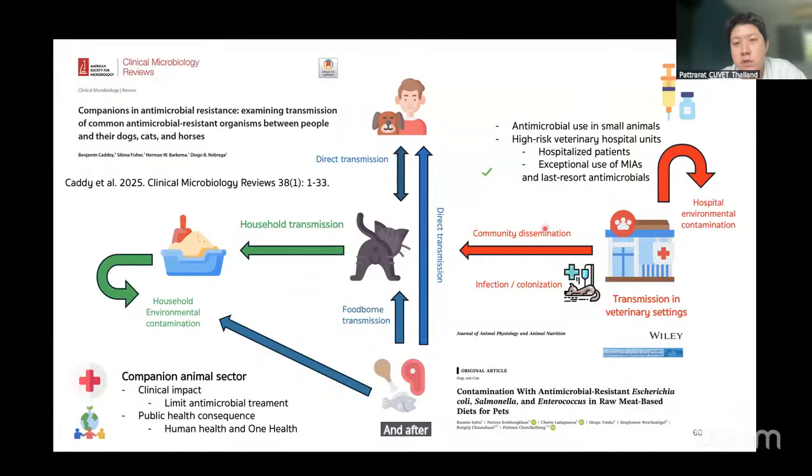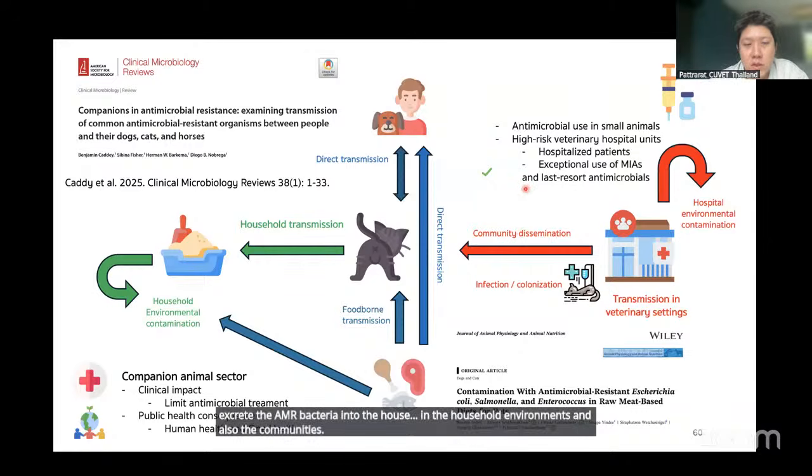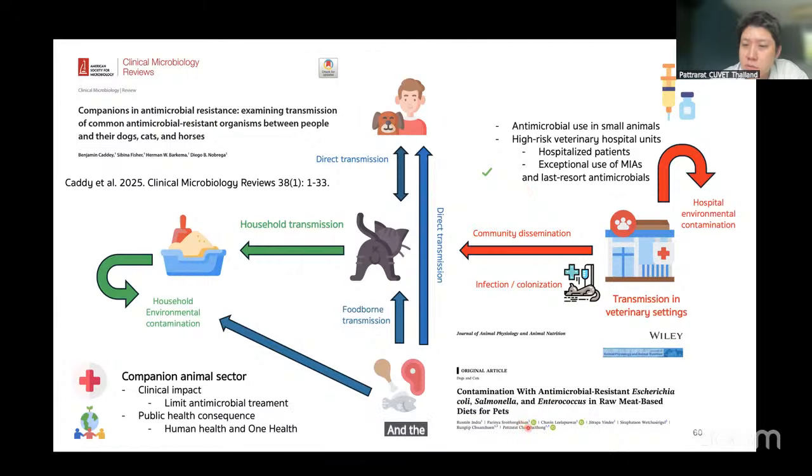After discharge, dogs and cats can be carriers and also excrete the AMR bacteria into the household environment and also the communities. And the consumption of raw meat, this is a trend, this is a risk.